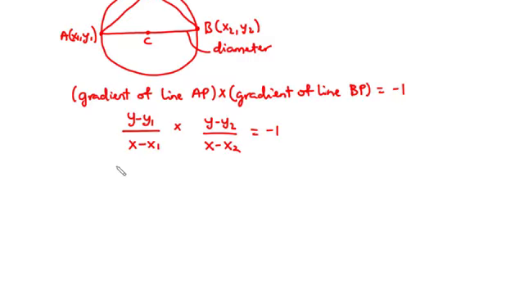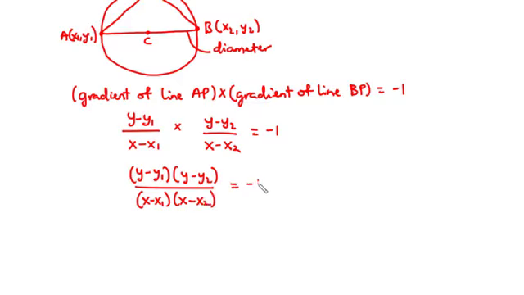Now let's multiply across. So we have y minus y1 times y minus y2 divided by x minus x1 times x minus x2. At this point, we can cross multiply.